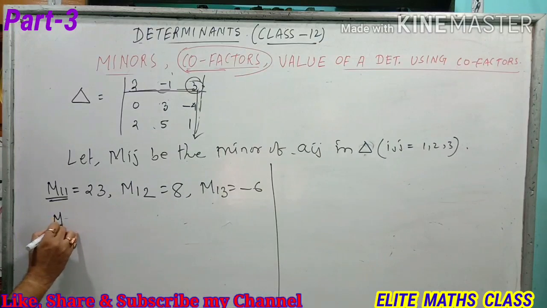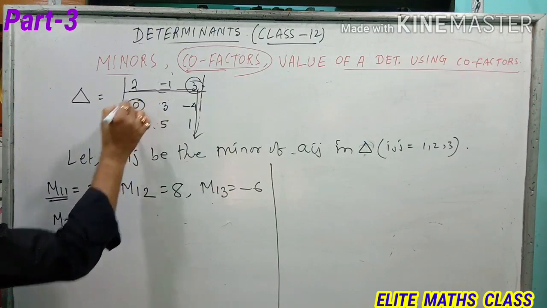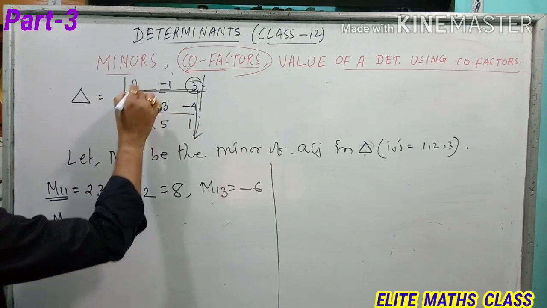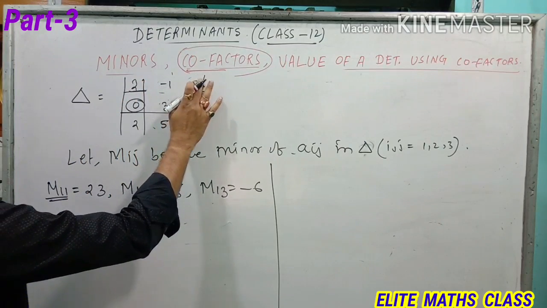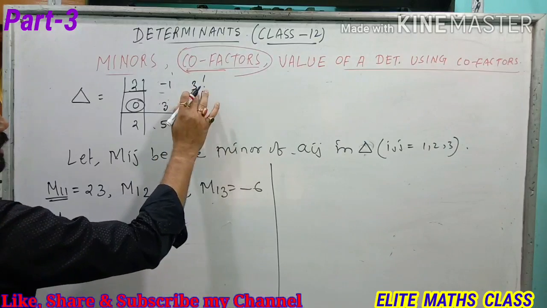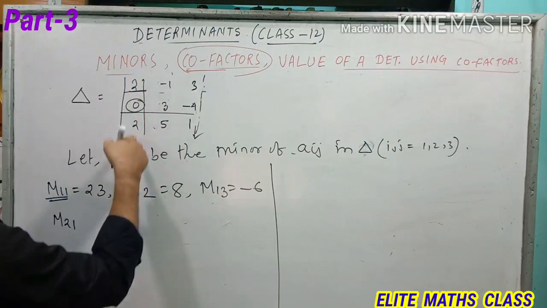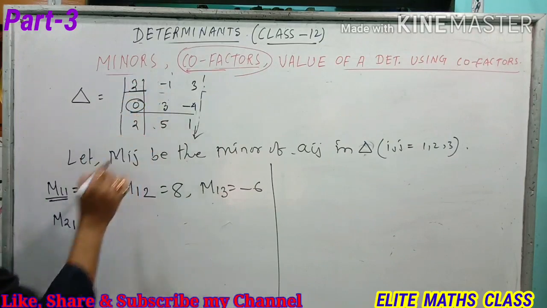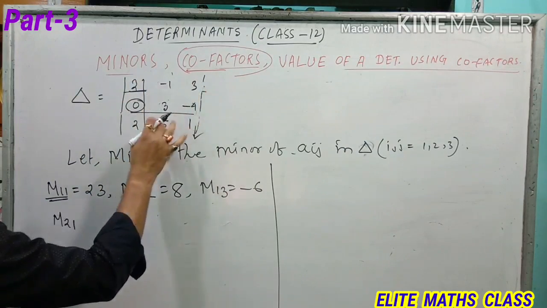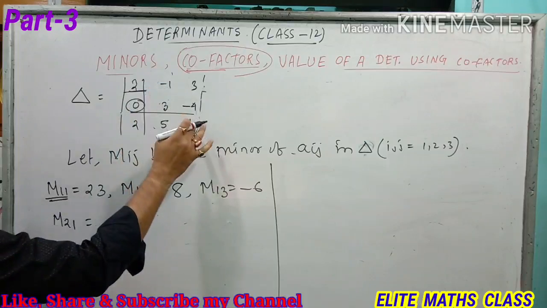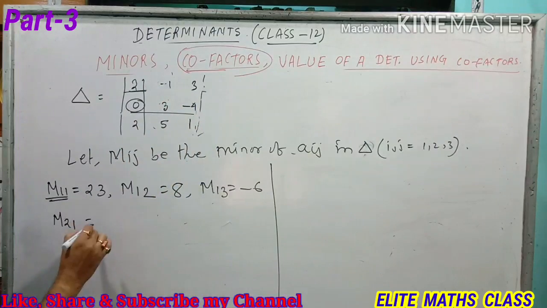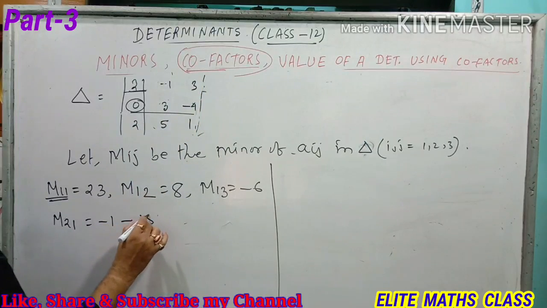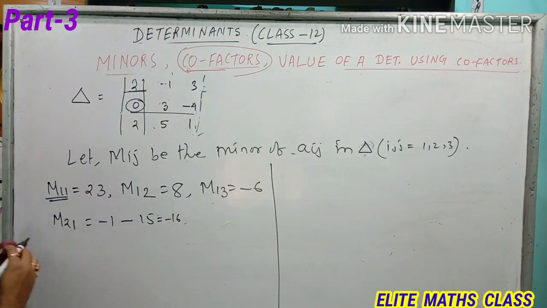Similarly, the next element is this one, M21. That is, second row, first column. We have to delete the second row, first column. So what remains? These 4 elements. This will be, see here, this into this, minus 1, minus this into this, 15, it is minus 16.